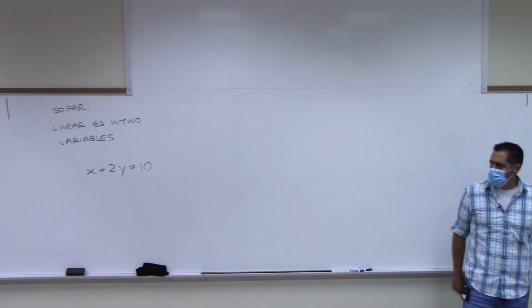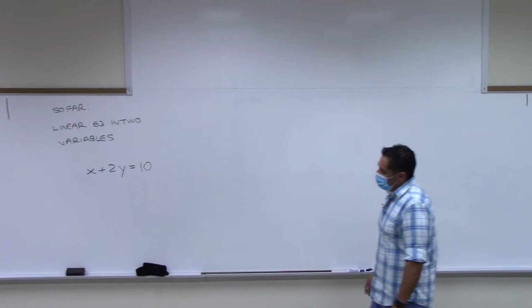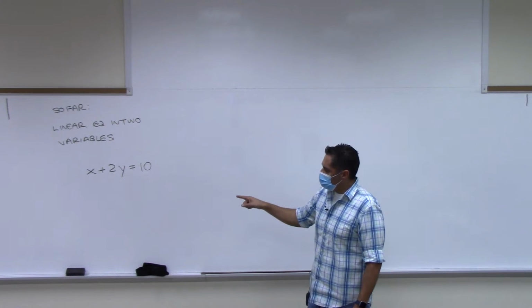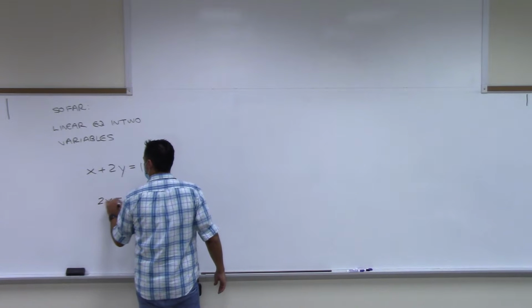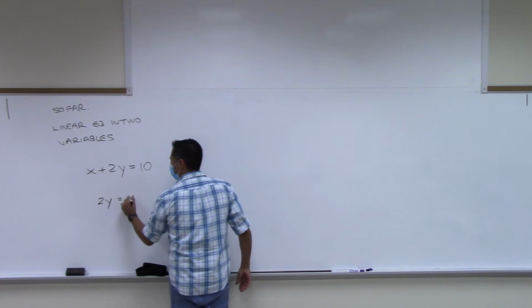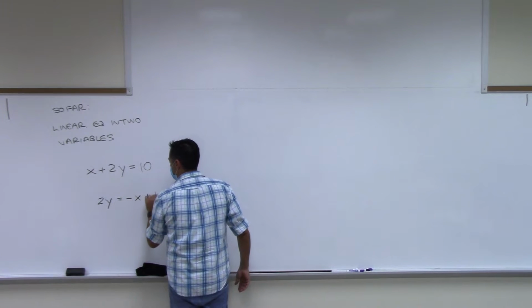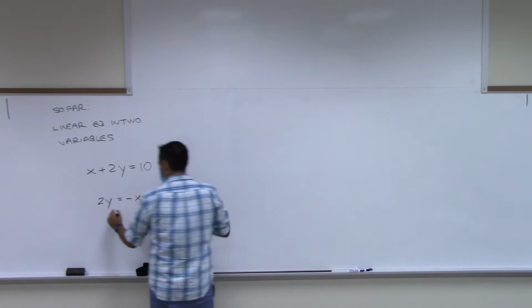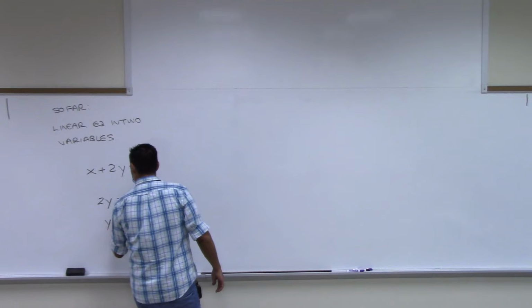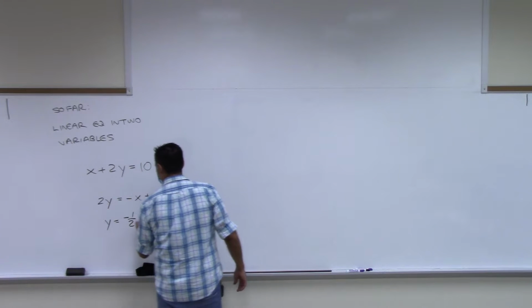Yes? Okay, well, if we solve this equation for y, we subtract x on both sides, so we get negative x plus 10. Then we divide both sides by 2, and we get y equals negative 1/2 x plus 5.